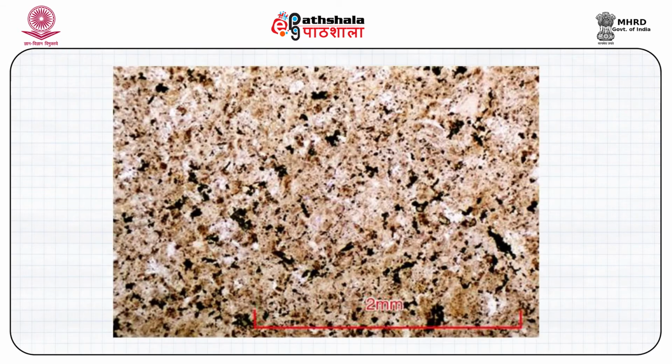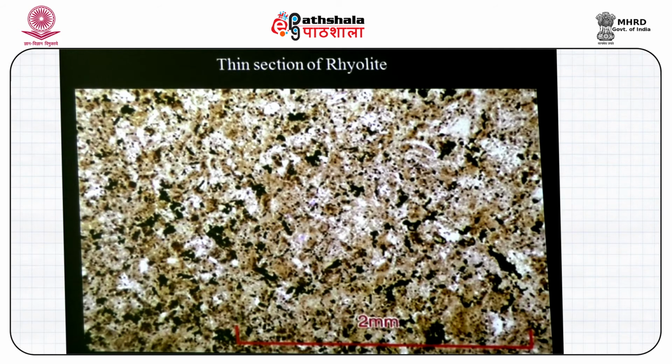It can be very light in color and also very lightweight because it has very few mafic minerals, and because of that it is equivalent to granite when crystallizing at depth and when it extrudes on the surface.